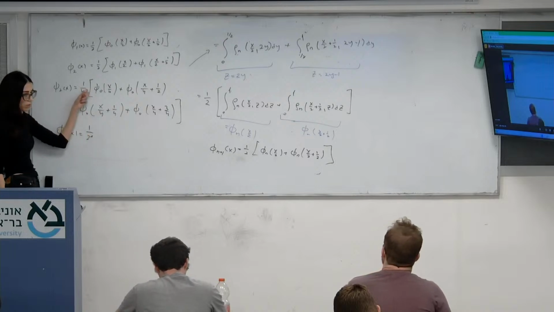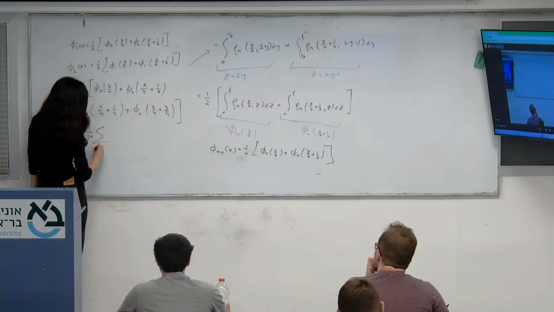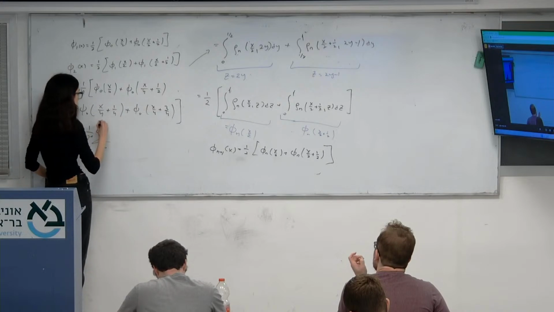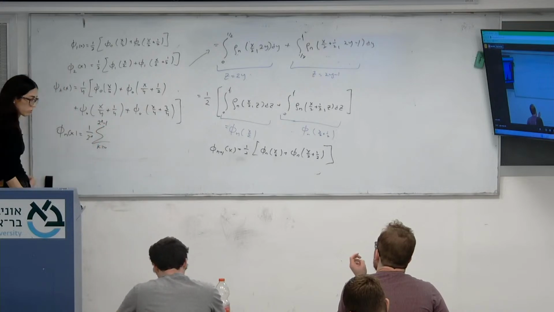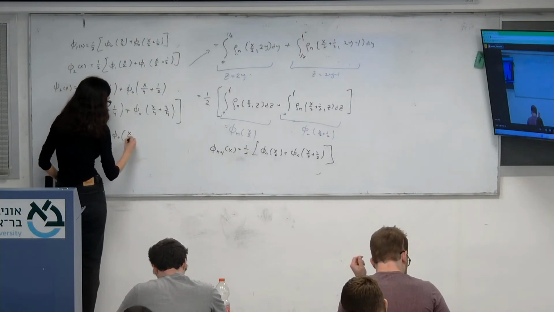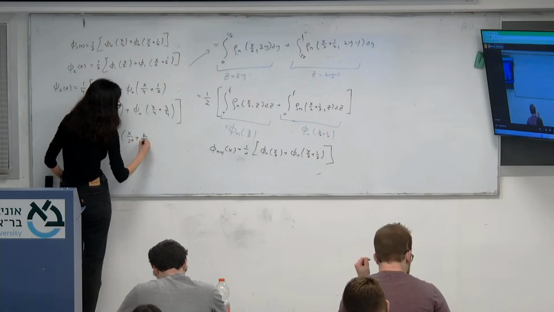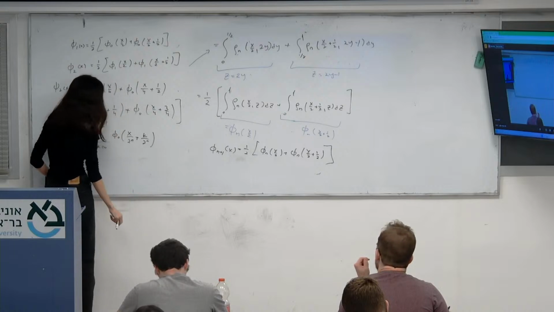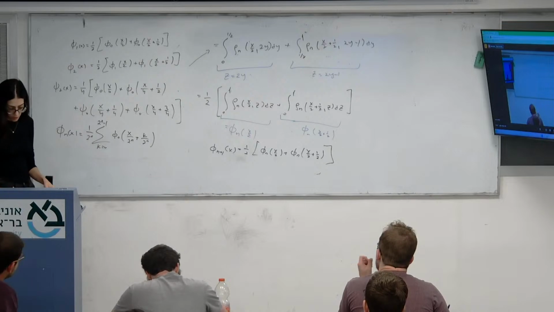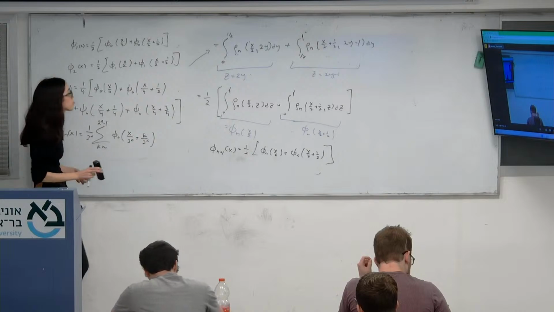So this will give us this factor of 1 over 4 and 1 over 2, etc. And then we have a summation over some parameter k that goes from 0 to 2 to the power n minus 1, and then phi 0 of x over 2 to the power n plus k over 2 to the power n. So this is the formula for any value of n, and you're more than welcome to go to higher n and try to check that.